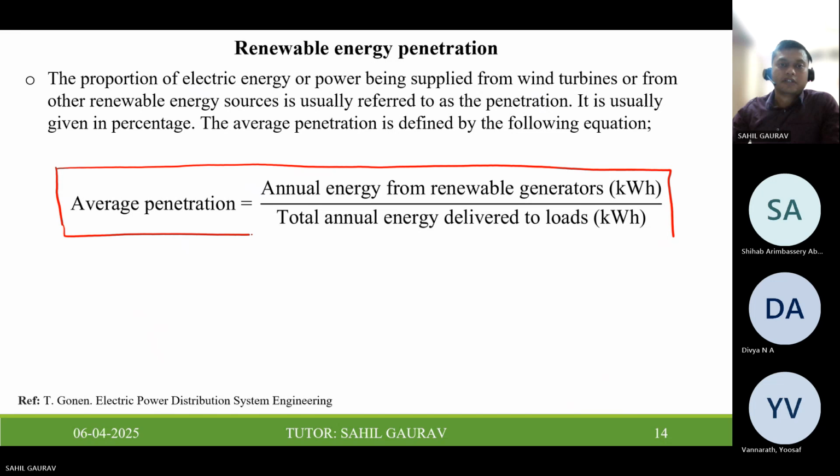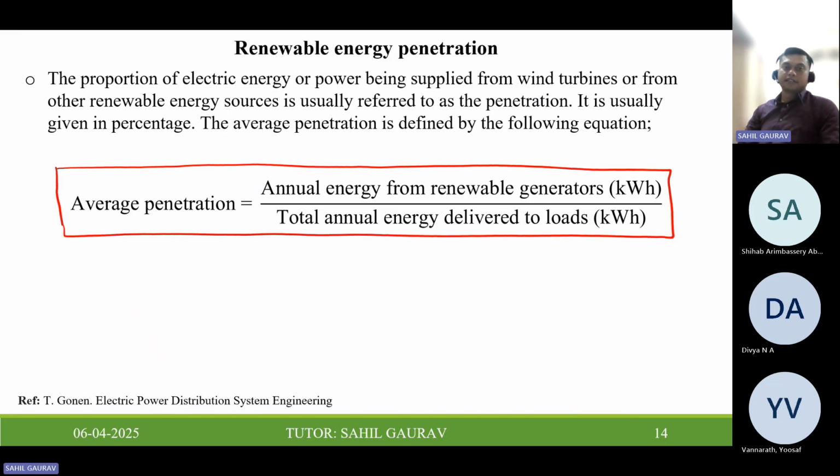This is very simple: whatever energy is produced from the renewable generators upon the total energy delivered to the load is equal to the average penetration. You can also say it is the proportion of electric energy or power being supplied from renewable sources like wind turbines or PV, usually referred to as penetration.